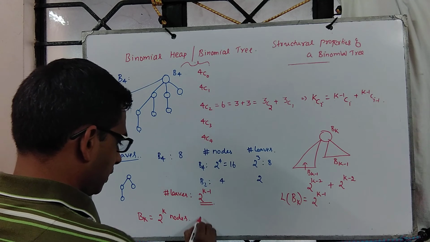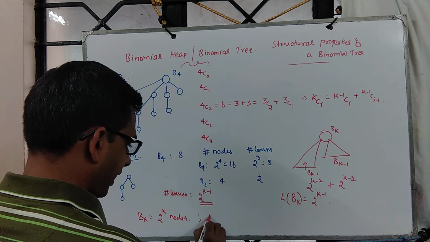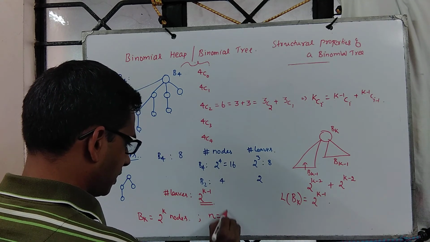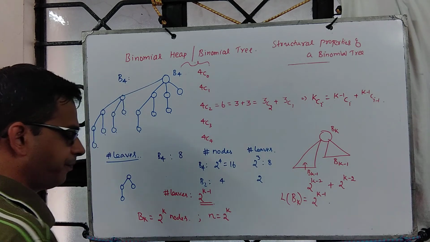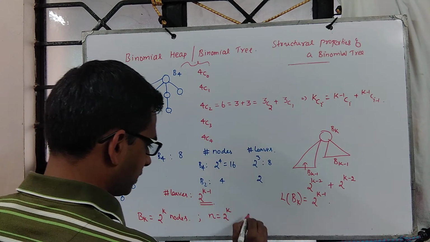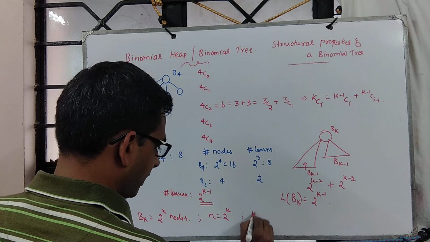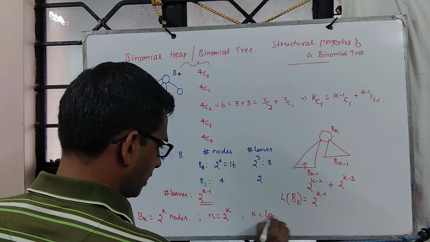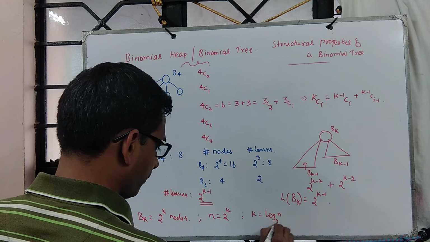So if n is 2 power k, the total number of nodes, then k is log n base 2.